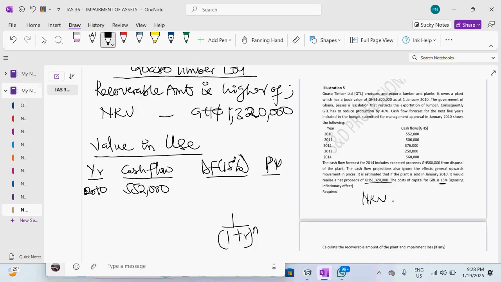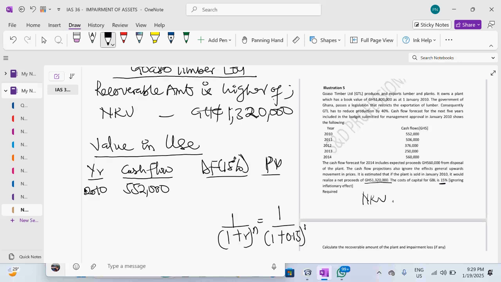Give me the discount factor. I think it's raised to the power 1. Is it 1 or 0? Year 1, 2, 3, 4, 5.